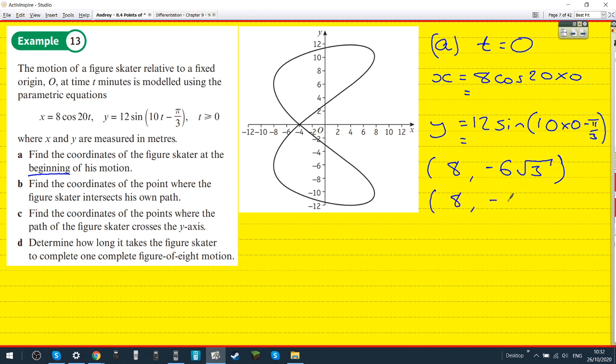Minus 10.4. So it's kind of helpful to know where they start. Well, the diagram isn't great, but it's probably like one of those spots. So right at 8 and down at minus 10.4. So it's probably this here. Minus 6 root 3 is going to be good for our working out, but it's kind of good to know that.